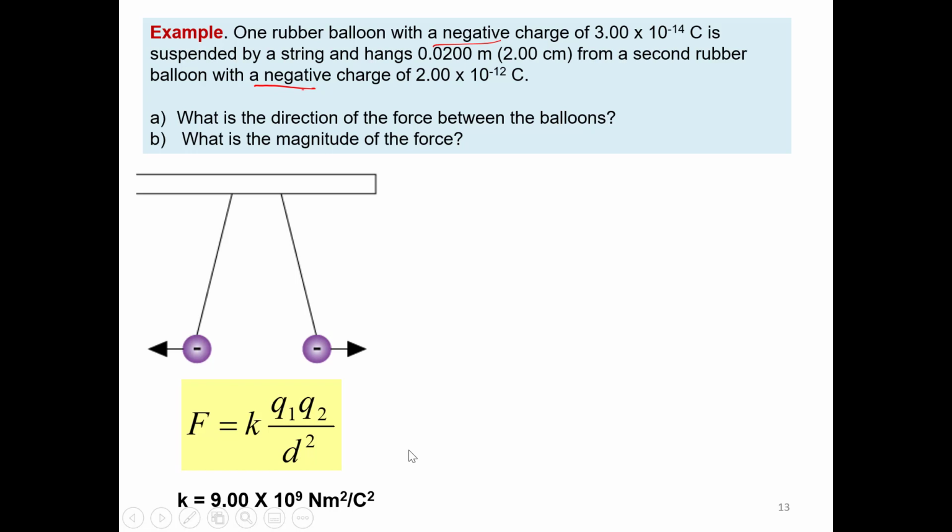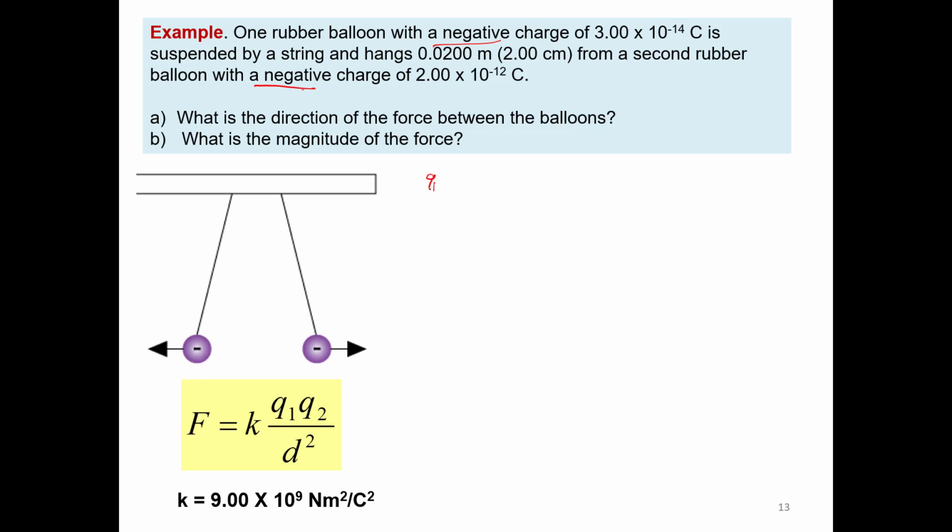To calculate the magnitude of the force, we will use Coulomb's law. Let's try to find the values. We know the K value, the constant of proportionality. Now we need to know the charges, what is the magnitude of the charges. Let me write this one.